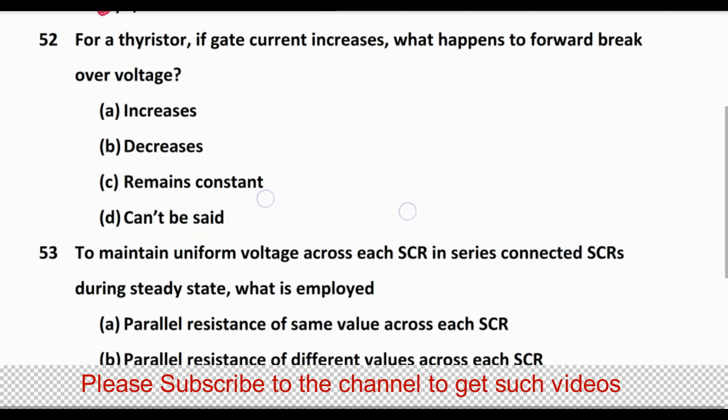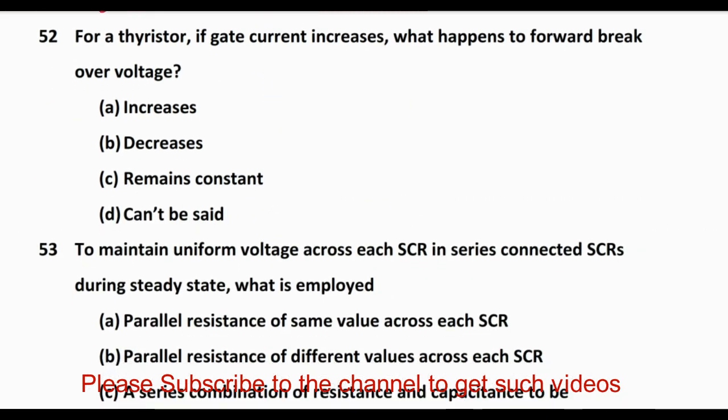Next question: for thyristor, if gate current increases, what happens to forward breakover voltage? This is the question. So here is the plot which shows the relation between gate current Ig and the forward breakover voltage.